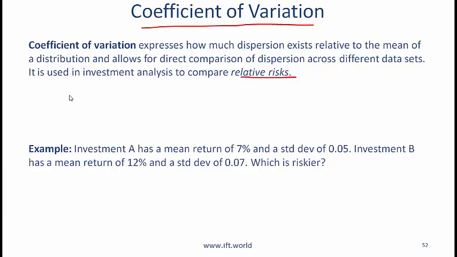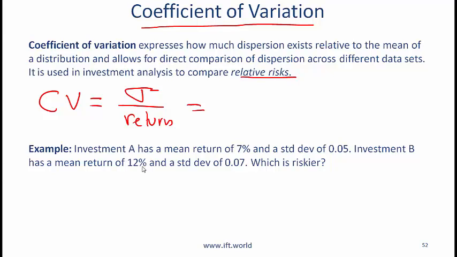A simpler way of putting it is that the coefficient of variation is simply your variation per unit of return. In other words, if your coefficient of variation is high, that means that the investment is relatively risky because for every unit of return you have relatively high variation.